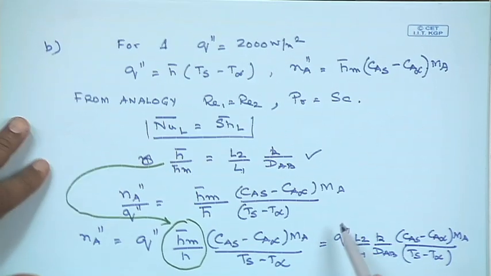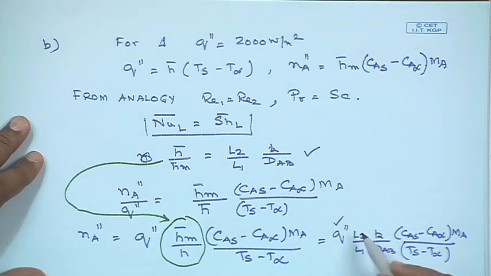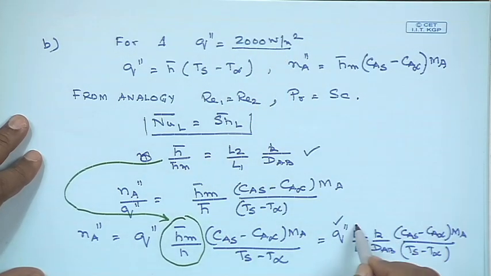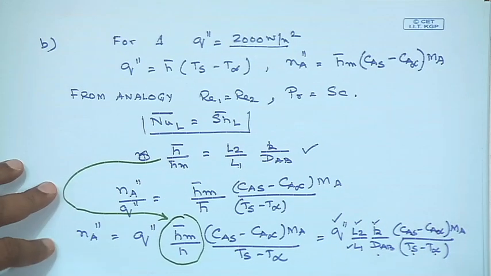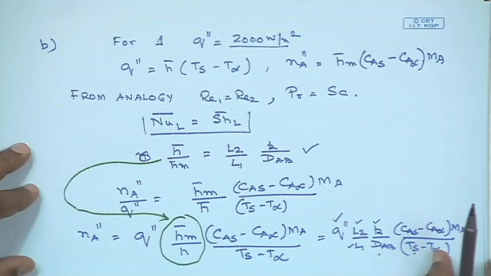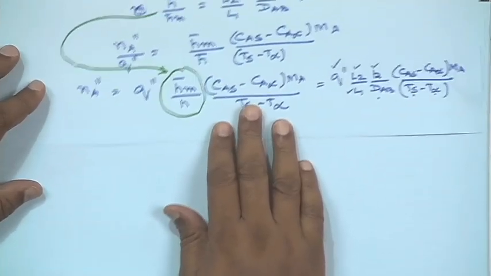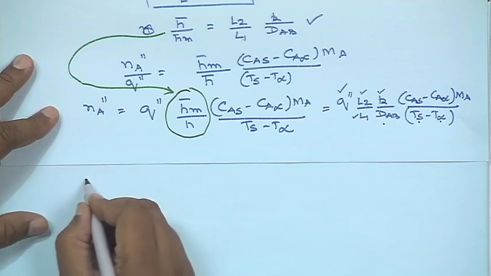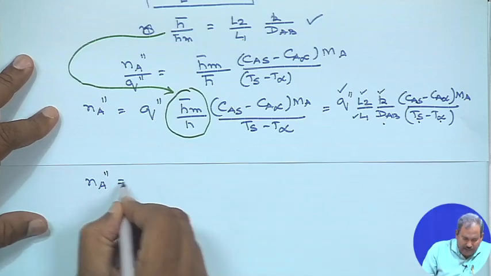In this, the value of Q double prime is known to me to be 2000 watt per meter square. L 2 by L 1 is simply, the ratio would be 2. The values of K, D A B, C A S, C A infinity, T S, T infinity, and M A are everything known to me. So, I put this over here to complete the calculation.